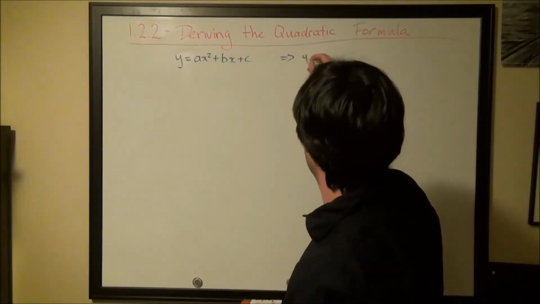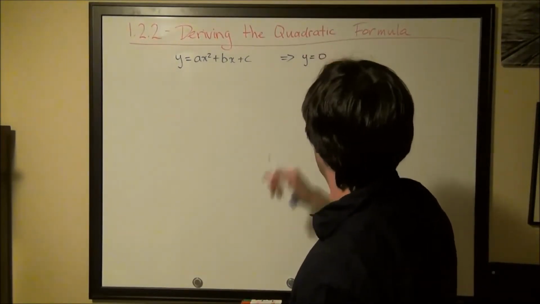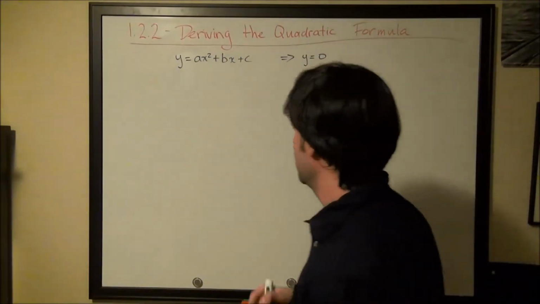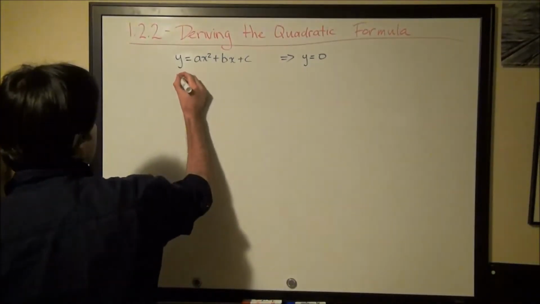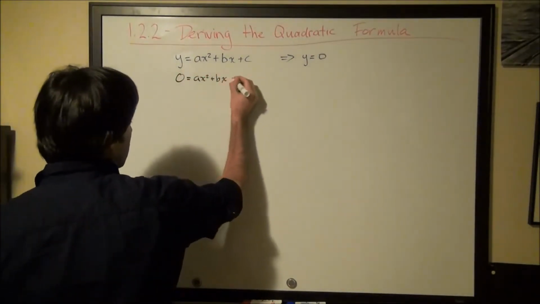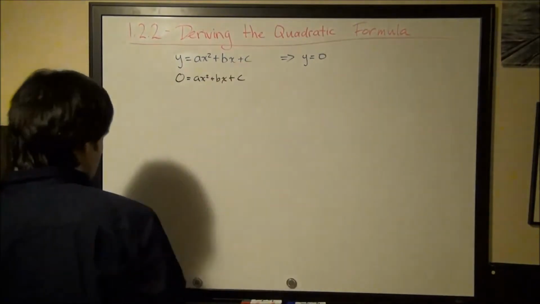So we will say y must equal 0. Now this will allow us to simply replace y by 0. So 0 is equal to ax squared plus bx plus c.